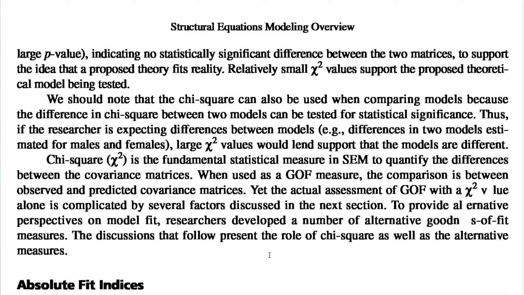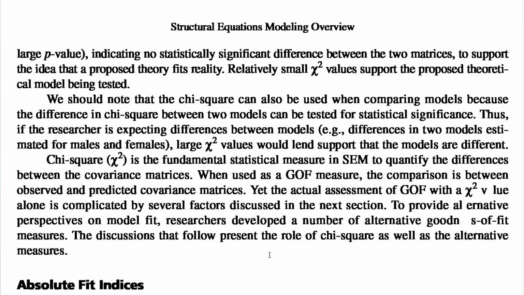We should note that chi-square can also be used when comparing models, because the difference in chi-square between two models can be tested for statistical significance. If the researcher is expecting differences between models, for example differences in two models estimated for males and females, a large chi-square value would lend support that the models are different.